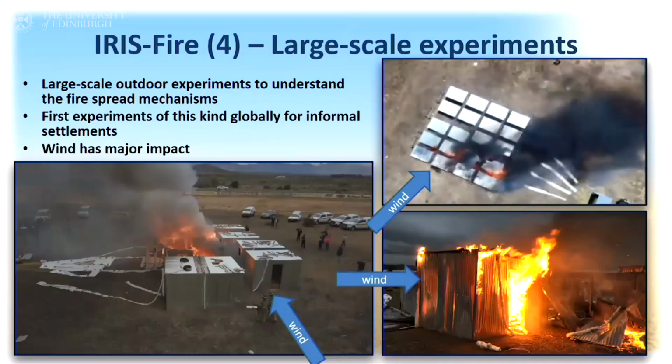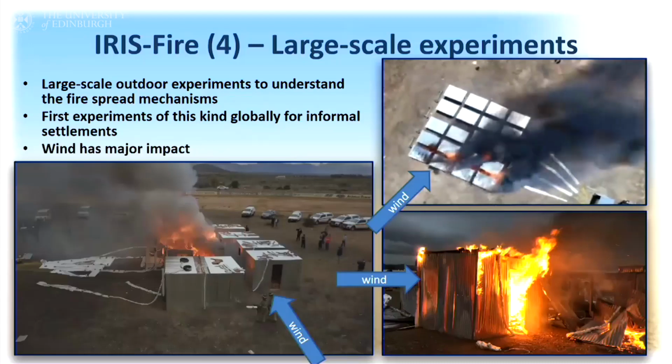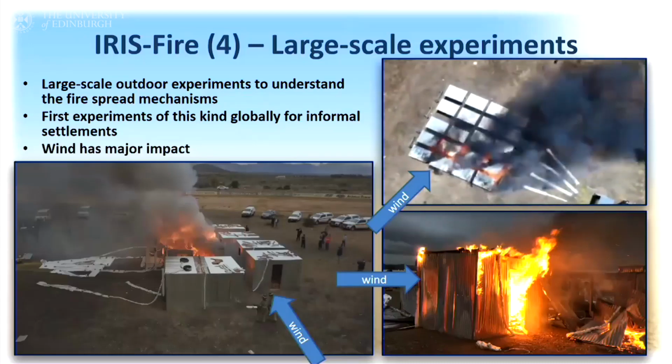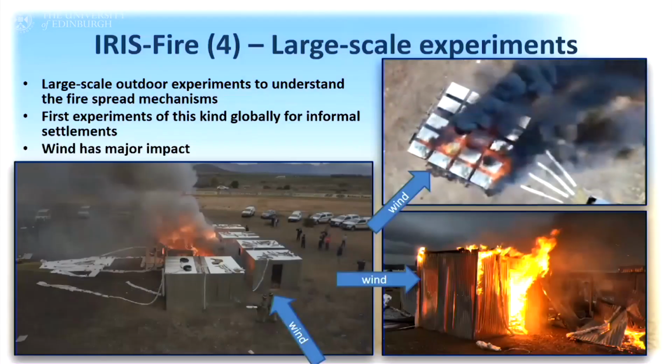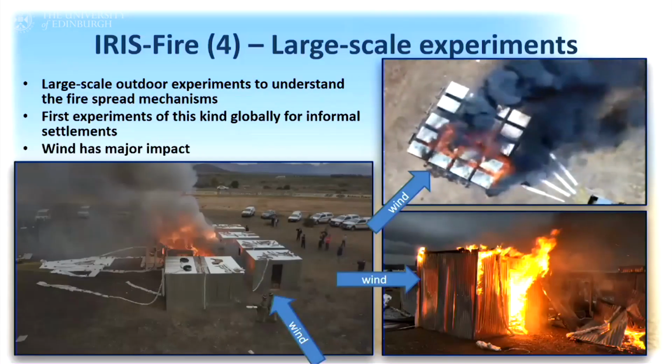But this is 20 dwellings. From the start of the time that we ignited this fire to all 20 dwellings being caught alight was 12 minutes. And this was not with a strong wind. This was about, I think, 10 kilometers per hour. So about 6 or 7 miles per hour. A gentle breeze. So even a gentle breeze can cause this very rapid fire spread in these sort of dwellings.